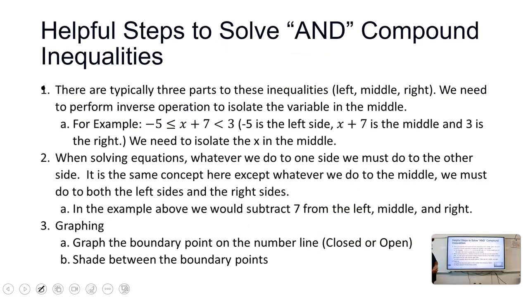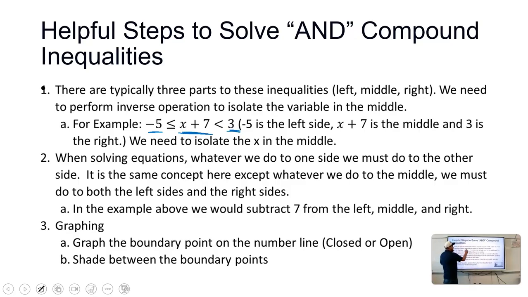Here are some helpful steps for you. There are typically three parts to these inequalities: a left part, a middle part, and a right part. We need to perform inverse operations to isolate the variable in the middle. So for example, if we have -5 is less than or equal to x plus 7 is less than 3, -5 is the left side, x plus 7 is my middle, and the right side is 3.